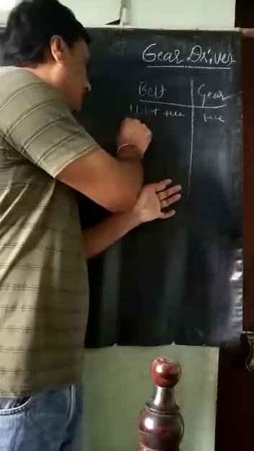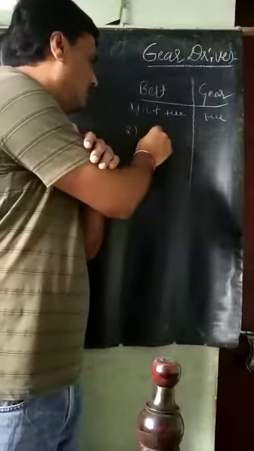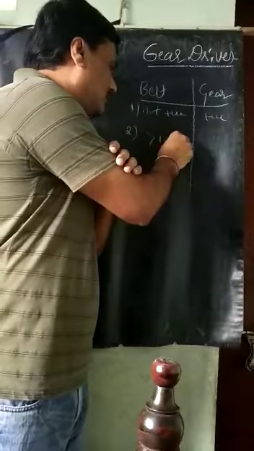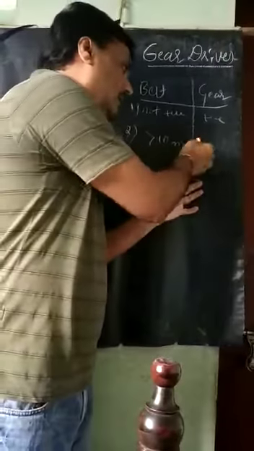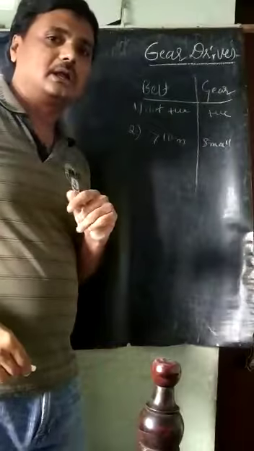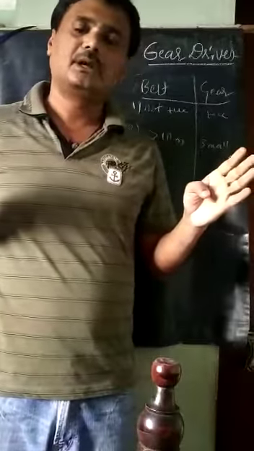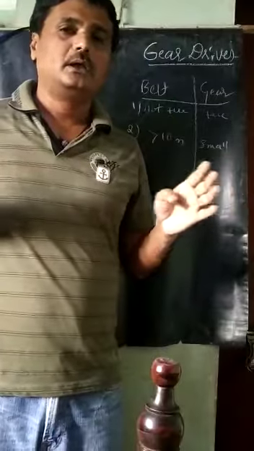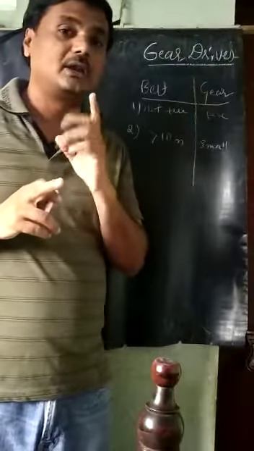Next one, as I have told, the distance is very large. If it is more than 10 meters distance, then we can use the belt drive. But here, with very small distances, only the gear drive we can apply. If the distance between the driver and follower is very large, in that case the cost of transmission in the case of the gear drive will be more.